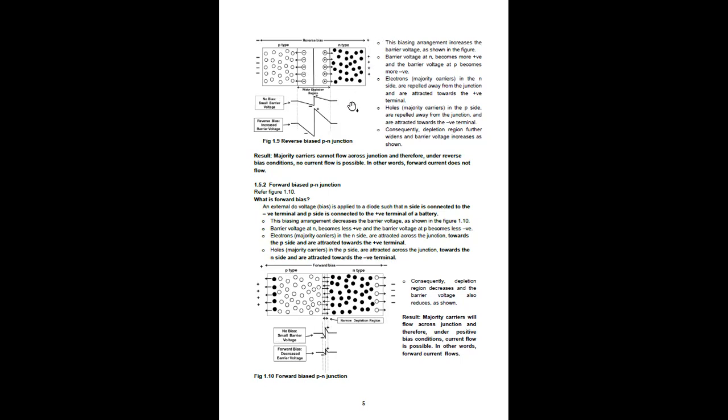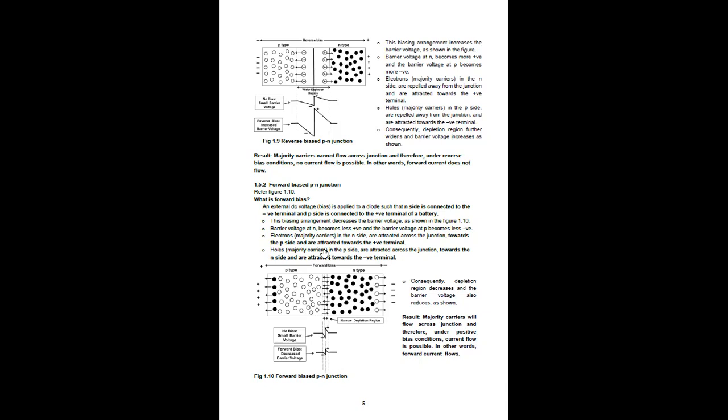That is why it is called reverse biasing. So what is the result of forward biasing? The majority carriers will flow across the junction, and therefore, under forward bias condition, current flow is possible. In other words, forward current flows.